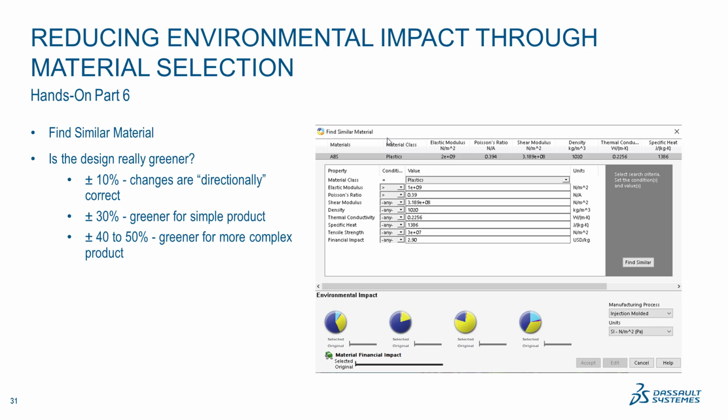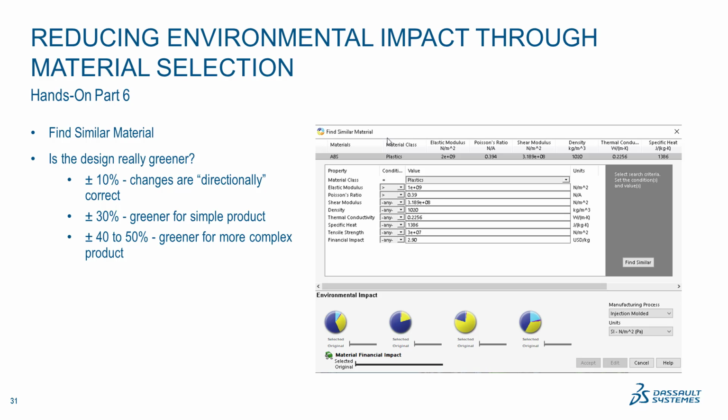Changes of plus or minus 30% for a simple product are considered to be meaningful. And what I mean by simple products are single material parts. So if we're making butter knives, the whole thing's made out of stainless steel, or bolts or nails, single material products, then a change of plus or minus 30% is meaningful. You have to see changes of plus or minus 40 to 50% for more complex products.